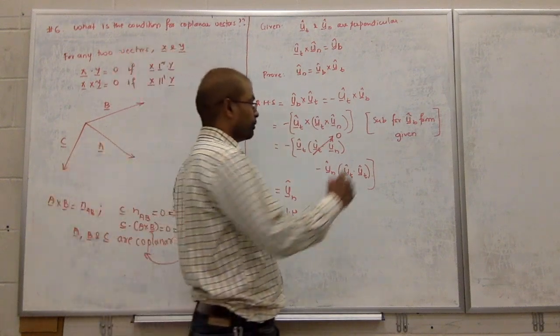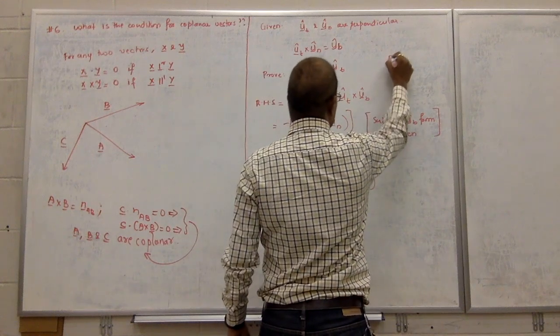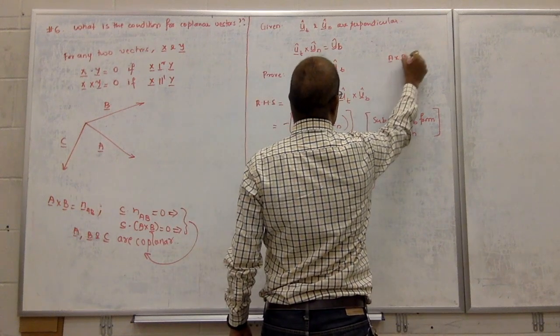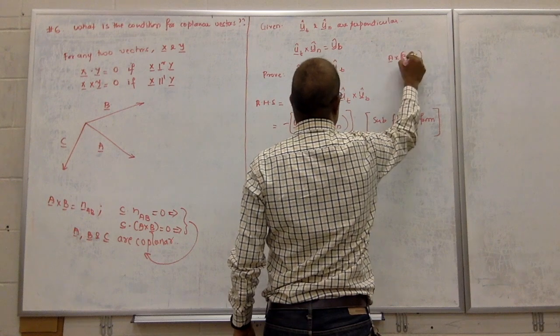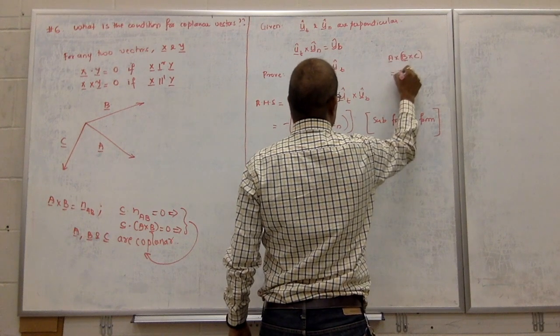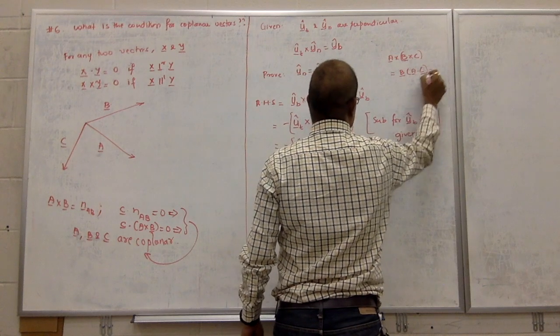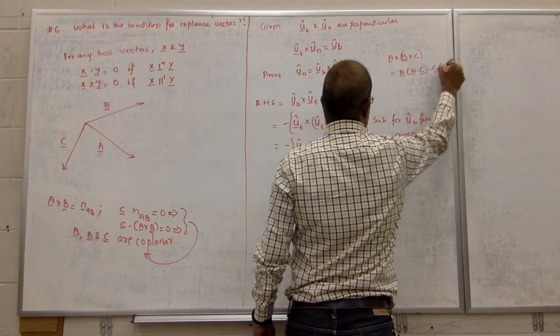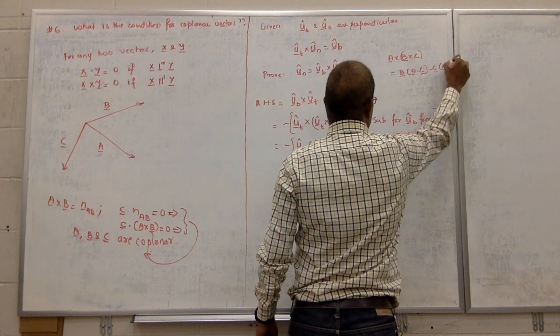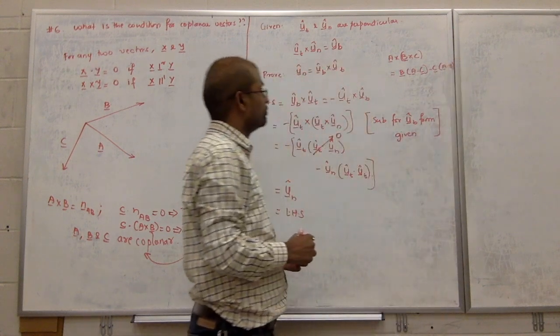Remember the back cab format. A cross B cross C is the back minus cab format. You didn't have to start that way. Start the other way. But I was wondering why you changed it to negative.